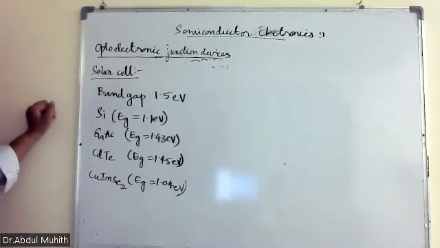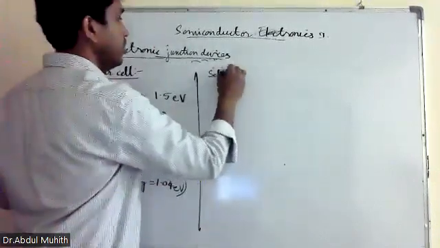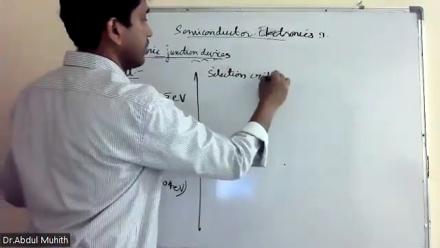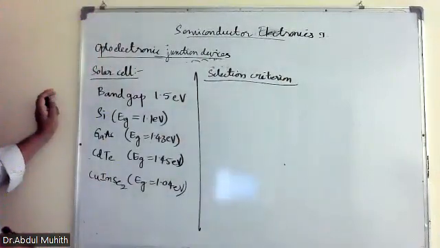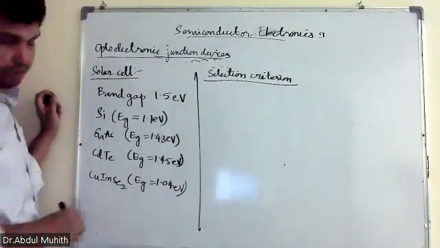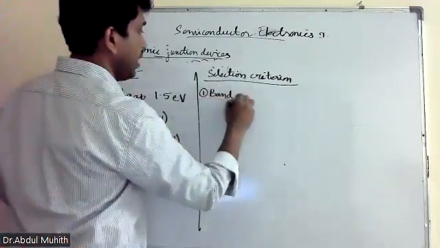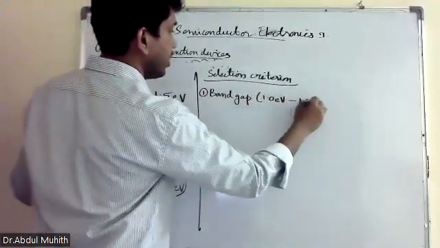The important criteria for selection: what is the selection criteria of the material? Number one, band gap from 1 to 1.8 electron volt.